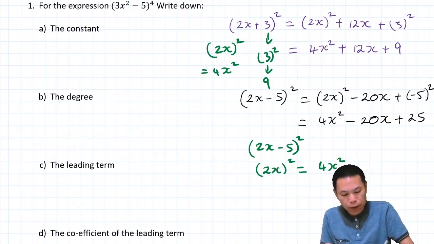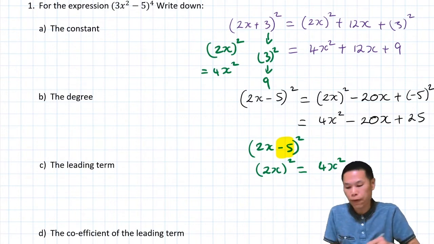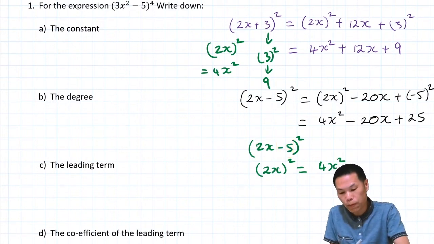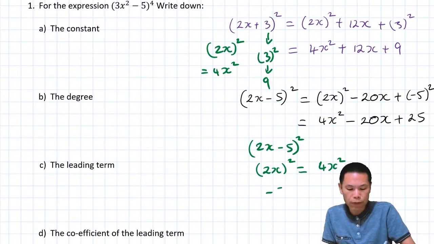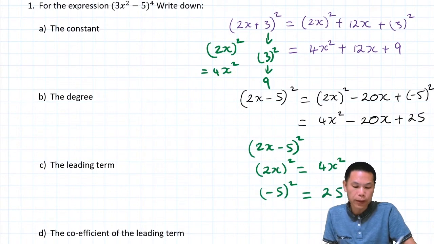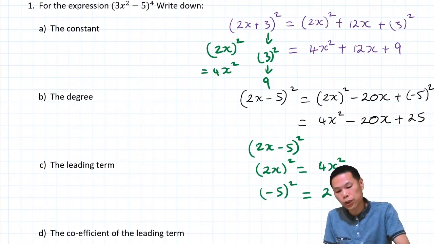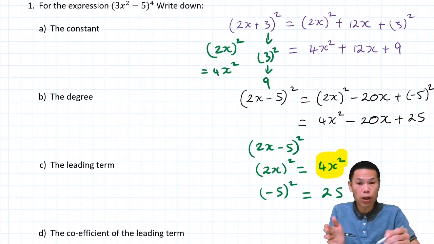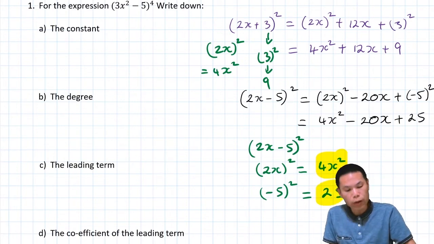And the constant in this bracket is negative 5, but then it's power of 2, so we just go negative 5 squared. So that gives me 25. There you go, you can answer all the questions. The degree is 2, the leading term is 4x squared, and the constant is 25.